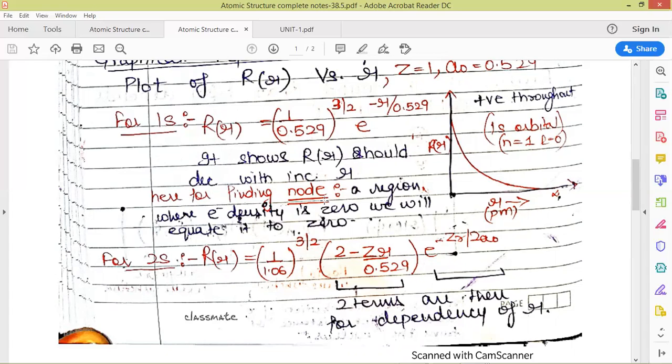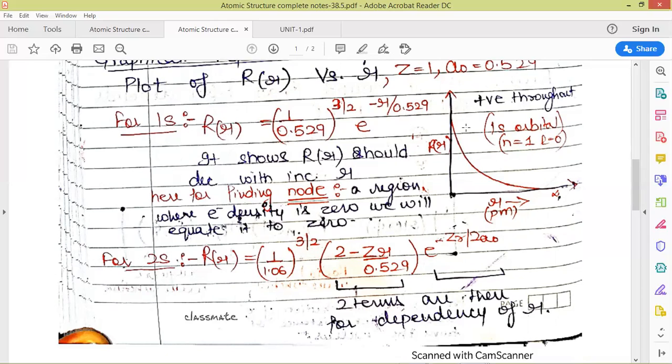To find a node, what we'll do is, if this defines the probability of finding the electron, then we equate it to 0, which means the probability is 0. From there we can calculate the value of r, and at that particular value we'll get a node. So from here the node comes at infinity. If we put this value equal to 0, we'll get r equal to infinity.